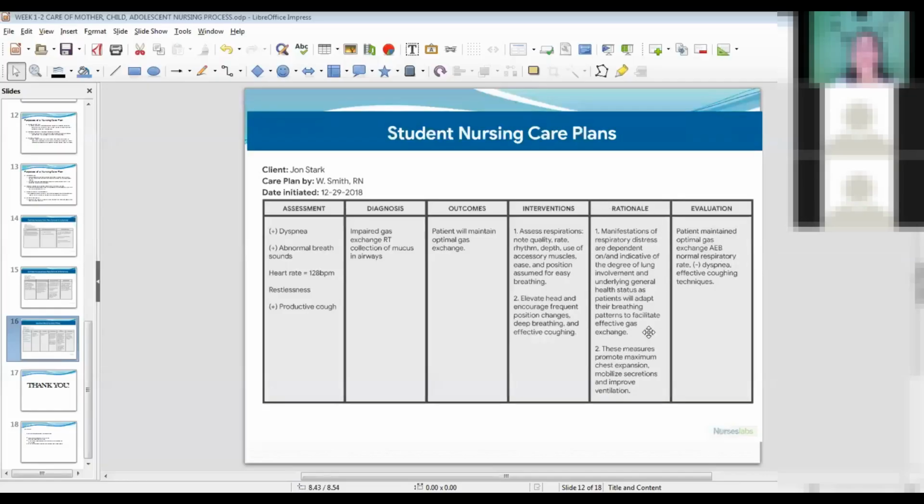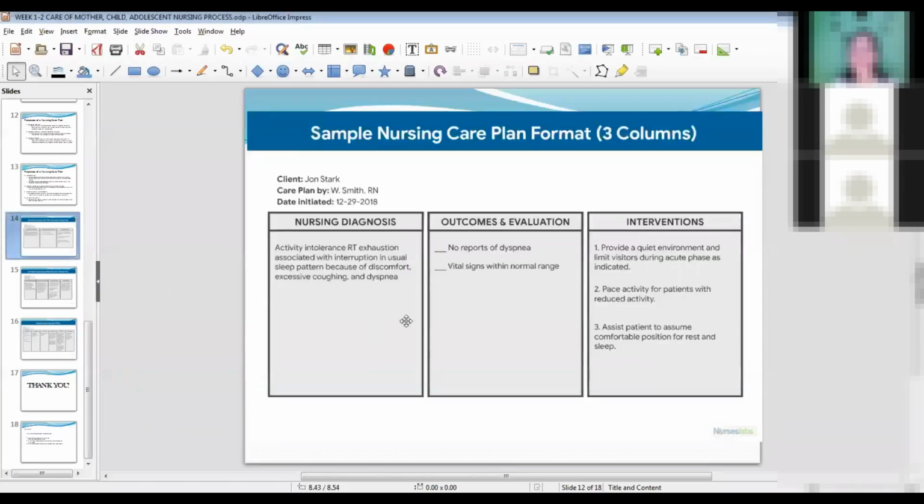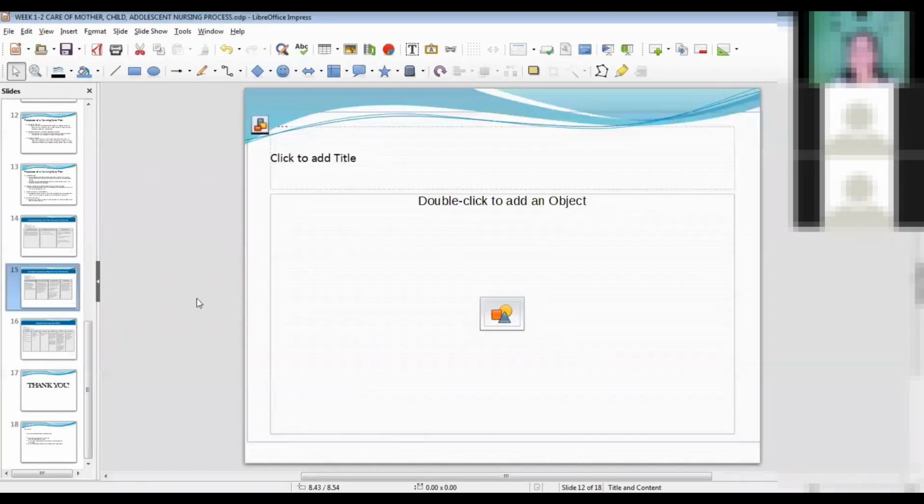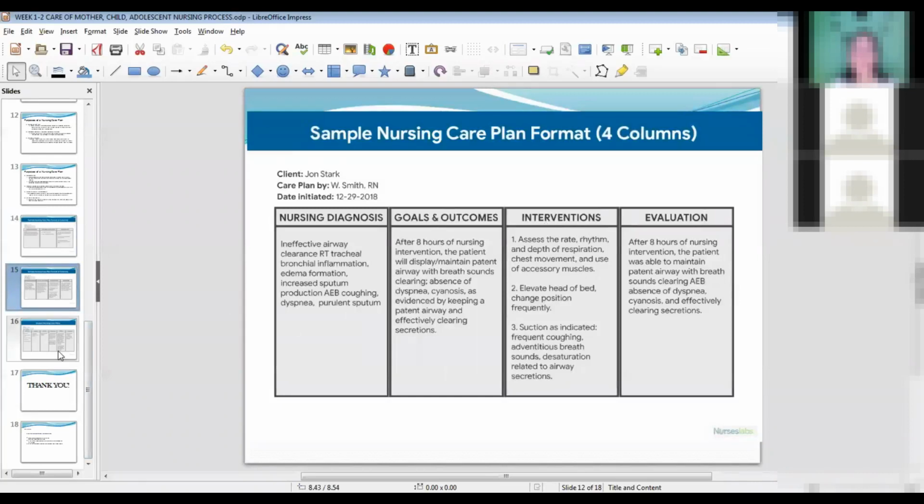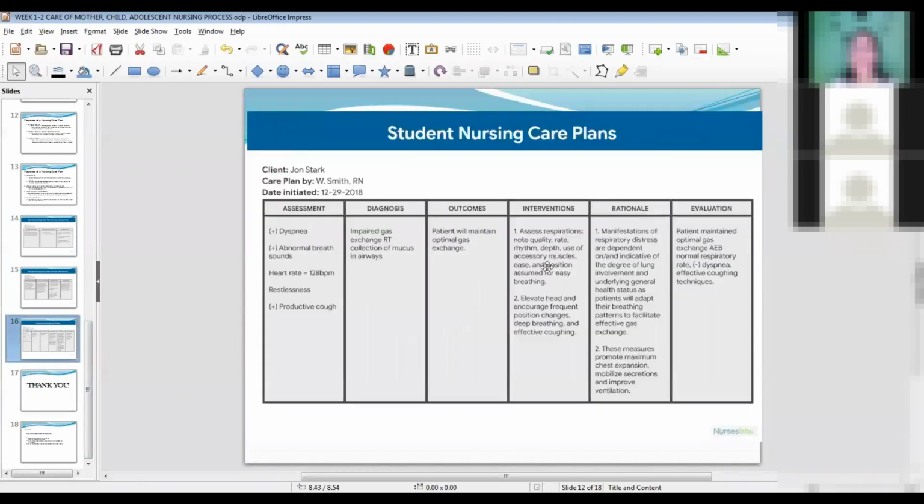Okay, so scientific rationale. So manifestations, ang action niya dito is assess respirations. So remember dun sa mga samples na we have given, yung first intervention natin is to assess. Okay? So dito assess and this one is also assess. So assess respirations, note quality, rate, rhythm, depth, use of accessory muscles, ease, and position assumed for easy breathing.